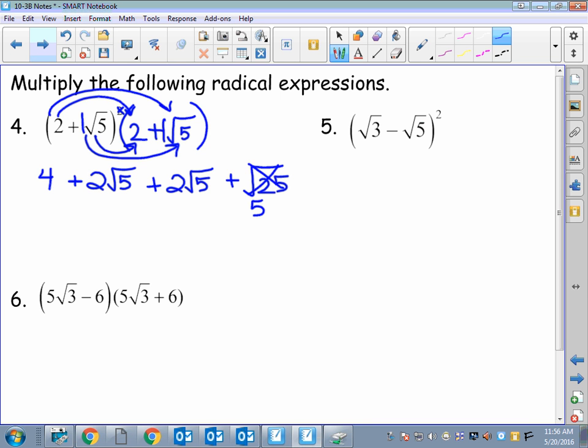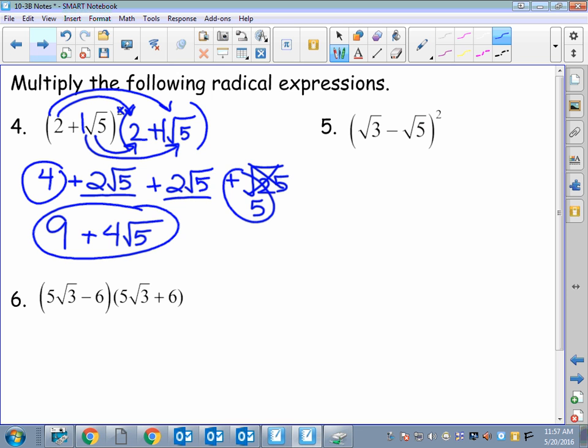This positive 5 and this positive 4 can make 9 when you combine them. And then this positive 2 root 5 and another positive 2 root 5 tells me that I have 4 root 5s altogether. So remember, when you add or subtract, they've got to be exactly the same, and you just push them together and add the number on the outside.